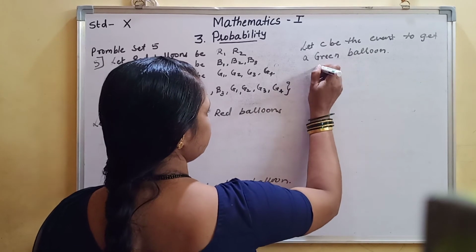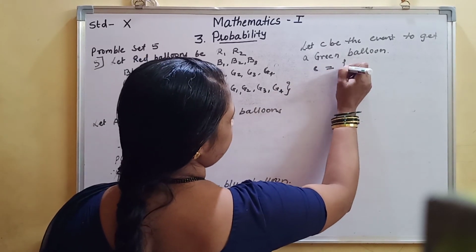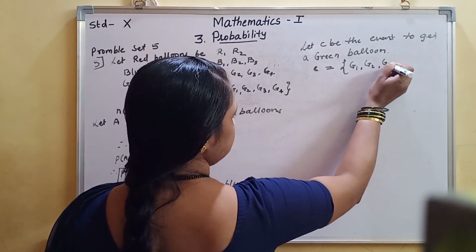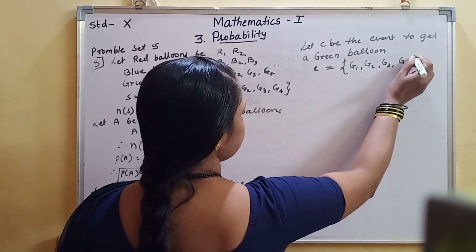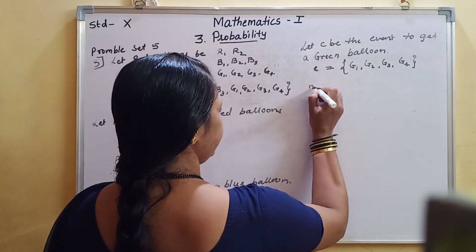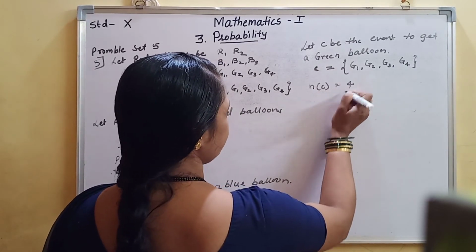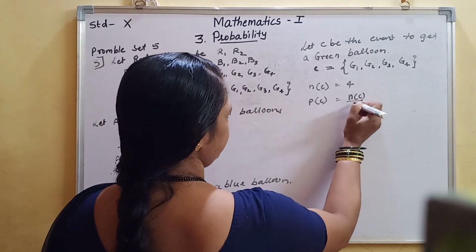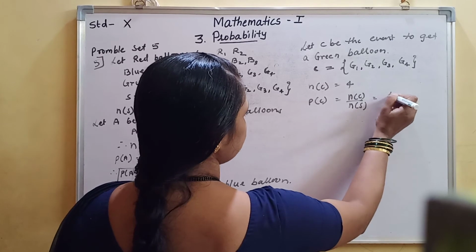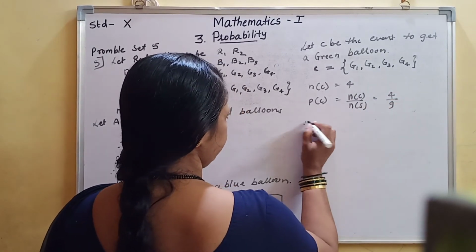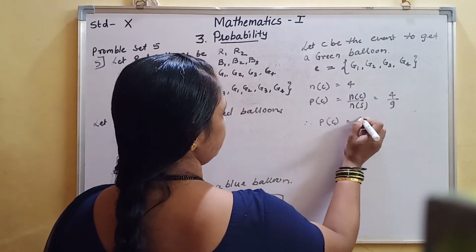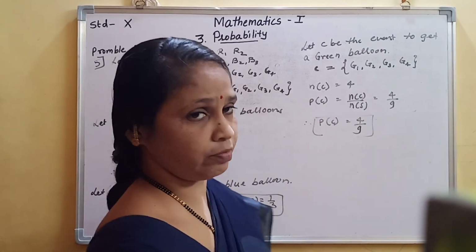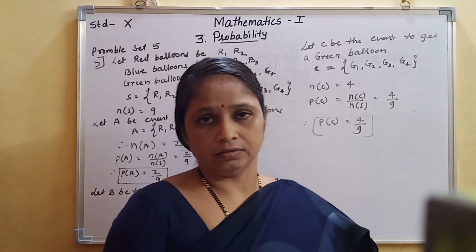C will be equal to G1, G2, G3 and G4. So n of C will be equal to 4. So probability of C will be equal to n of C upon n of S, which is equal to 4 by 9. Therefore probability of C will be equal to 4 by 9. So see, in this way we have to find the probabilities of all the terms.